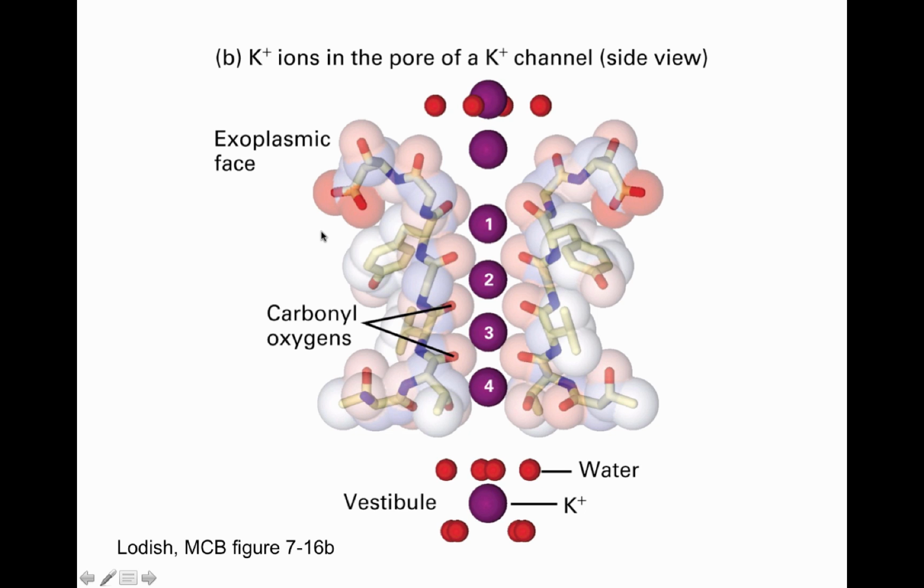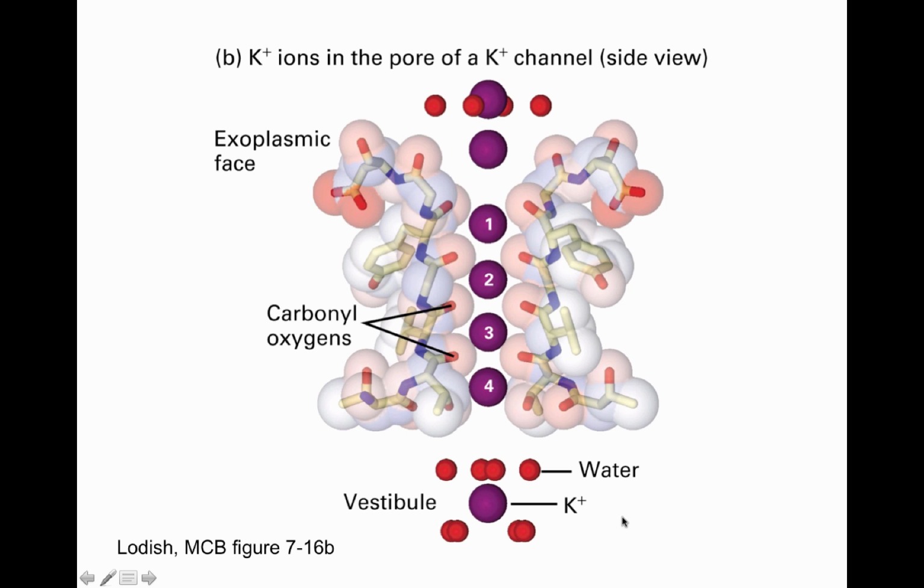Now, the interesting part is that in the selectivity loop, you have a series of carbonyl groups that have oxygen atoms. Those oxygen atoms, as you know, have a polar, negative charge.